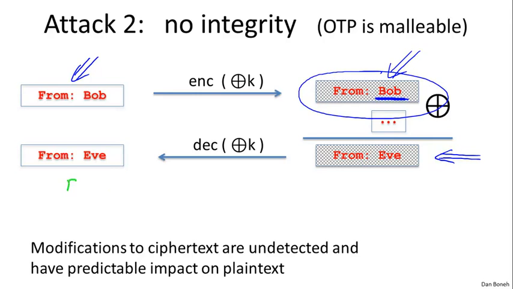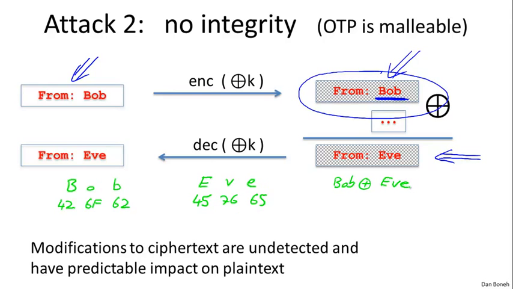So just to be specific, let's look at what these 3 characters need to be. Let's look at the word Bob, and I'm going to write it in ASCII. Bob in ASCII corresponds to 42 hex, 6F hex, and 62 hex. So capital B is 42, little o is 6F, and little b is 62. The word Eve is encoded as 45 hex, 76 hex, and 65 hex. Now I'm going to XOR these 2 words as bit strings, Bob XOR Eve.